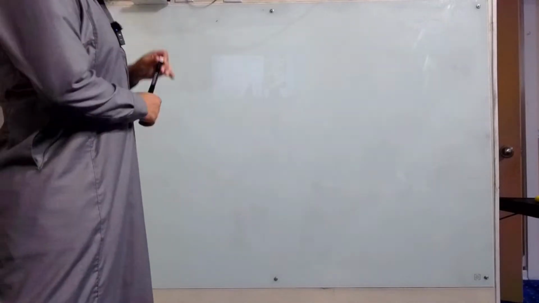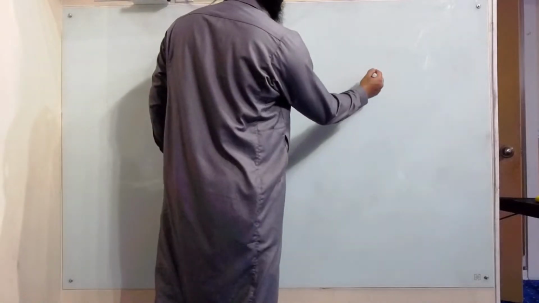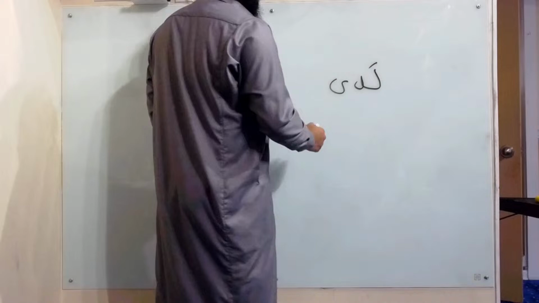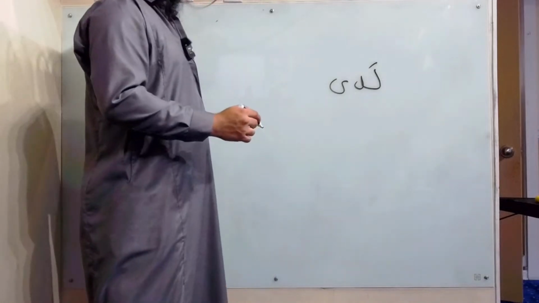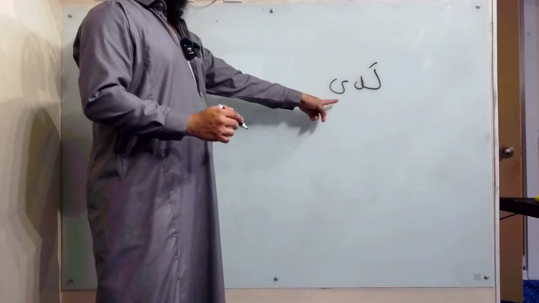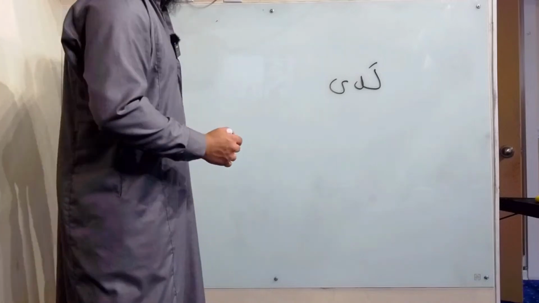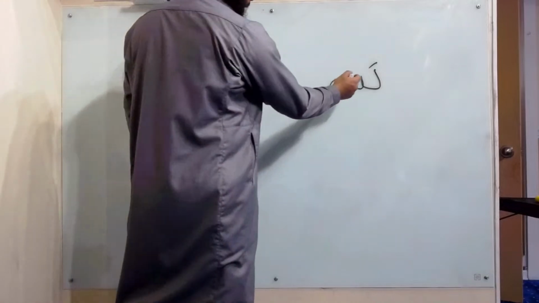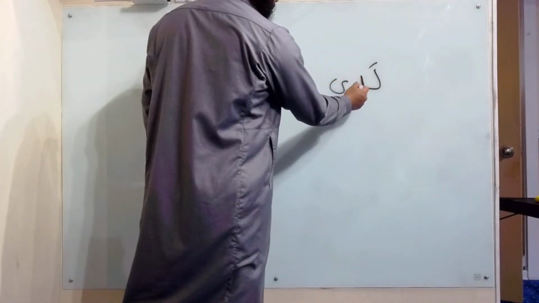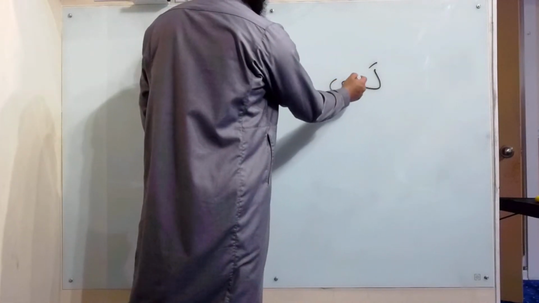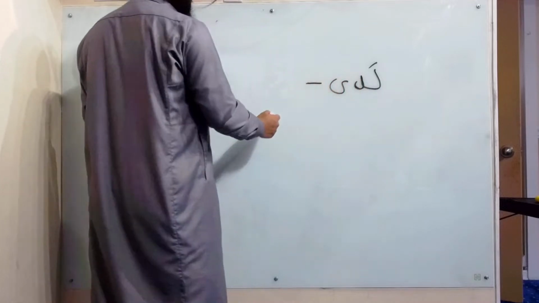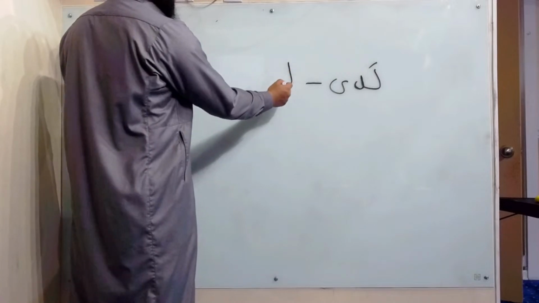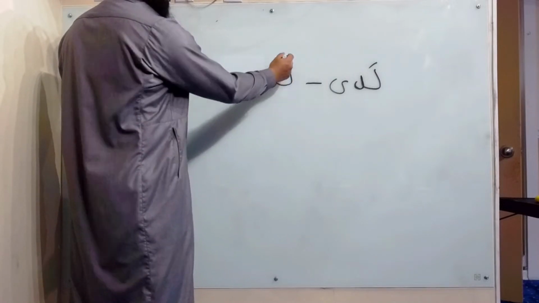By itself, you write it like this, with an alif maksura. Right? It's not a ya. Anytime you have an alif maksura, if you add a pronoun to it, it becomes ya. So we have ladayna.